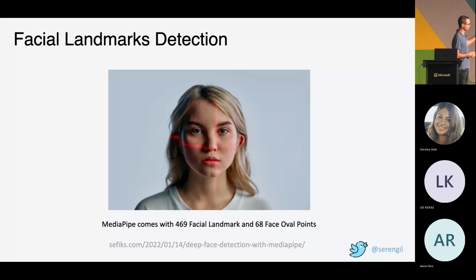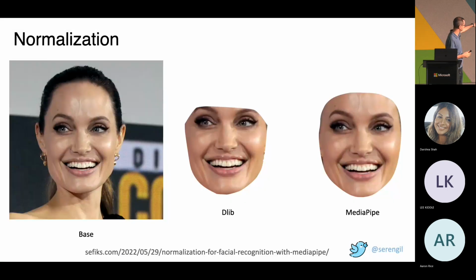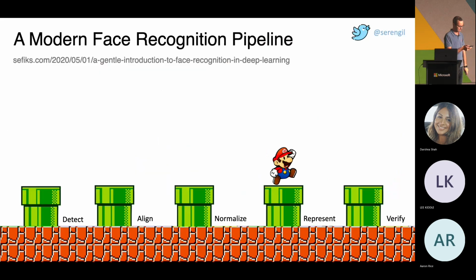If we find the face oval with those facial landmark points, then we can get rid of all the noise information for the given image. For example, when we fit the base image of Angelina Jolie, both Dlib and MediaPipe extract the face oval here. But as seen, MediaPipe does it in a much more sensitive way.